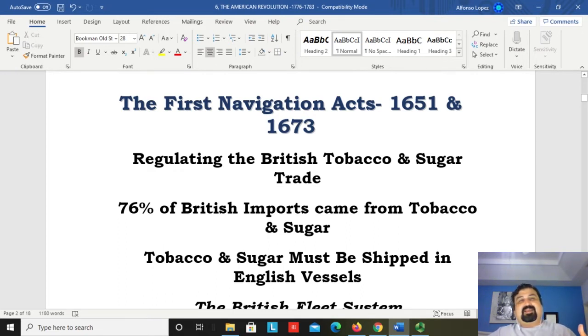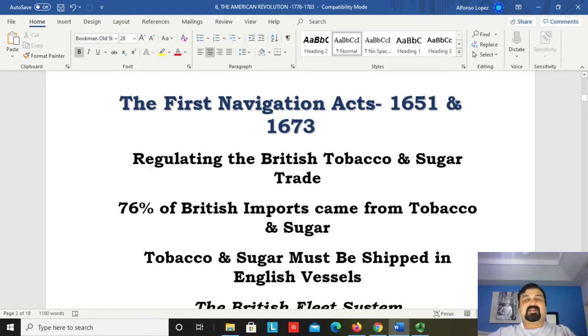by the way, for the British economy, 76% of all the products that were produced in British colonies that were coming into England, 76% alone were tobacco and sugar.